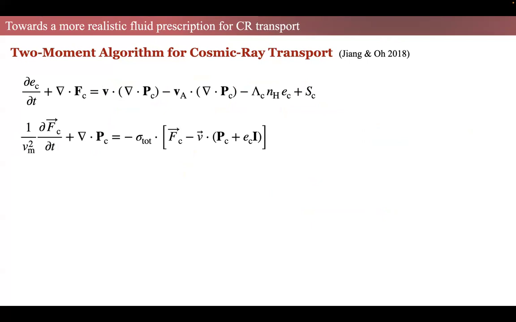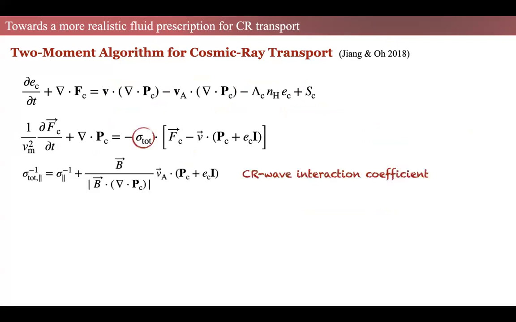And here the right-hand side encodes the information about the interaction between cosmic rays and waves that is unresolved on macroscopic scales. In particular, sigma tot encodes this information. Sigma is a tensor that in the magnetic field frame of reference can be written in this way.